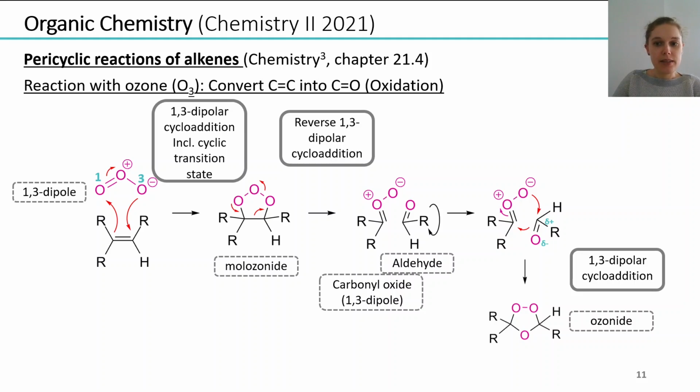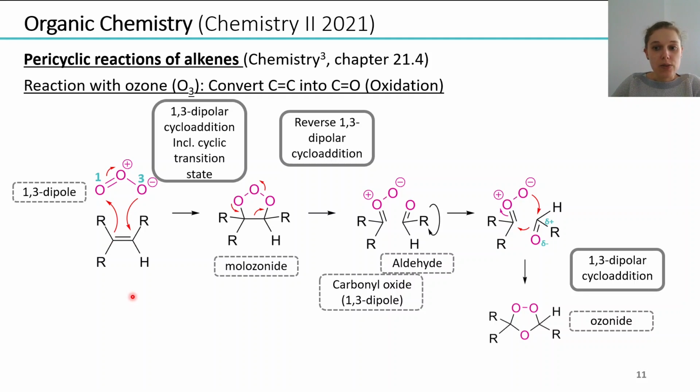So we have again a concerted cycloaddition reaction. And the cycloaddition reaction proceeds over a cyclic transition state where we have a 5-membered ring, and the 6 electrons are delocalized over this 5-membered ring. This transition state consists of these 5 elements, so the carbon here, the carbon there, oxygen, oxygen, and next oxygen.